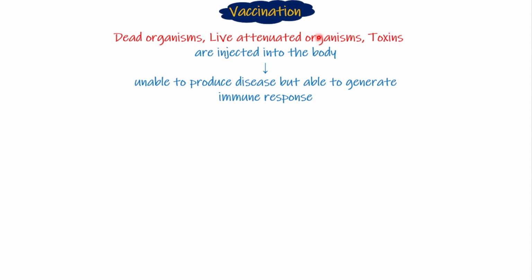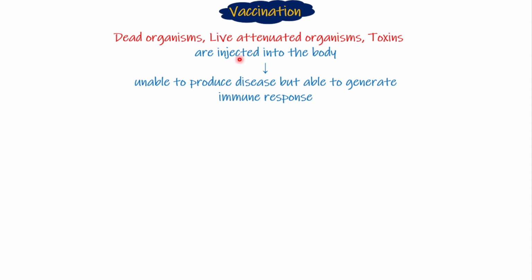But the main point is that these dead organisms, live attenuated organisms, or toxins are unable to produce the disease in the body. But they are able to generate the same immunogenic response which the live, completely active organism, or the organism with the full-blown toxins, is able to produce.